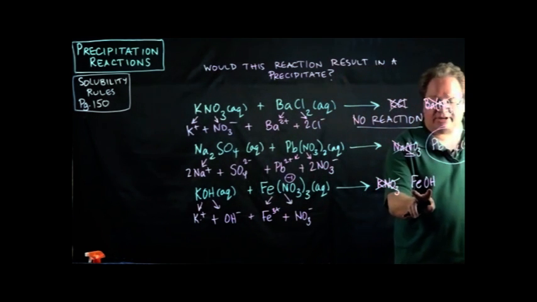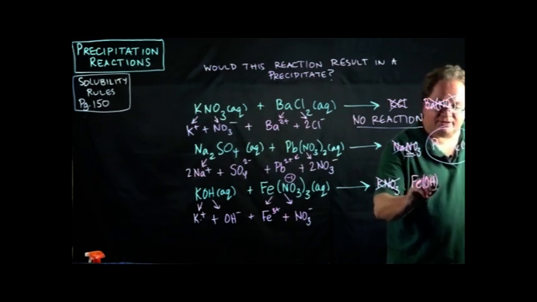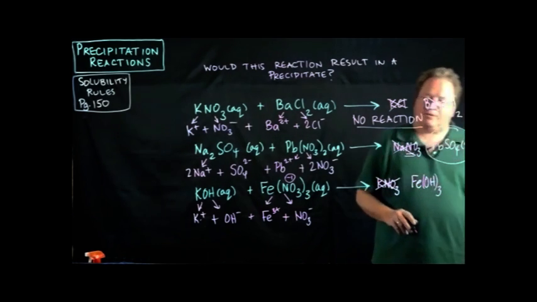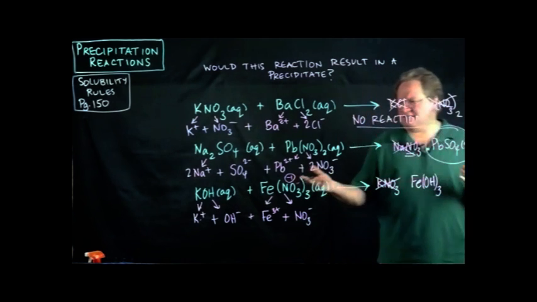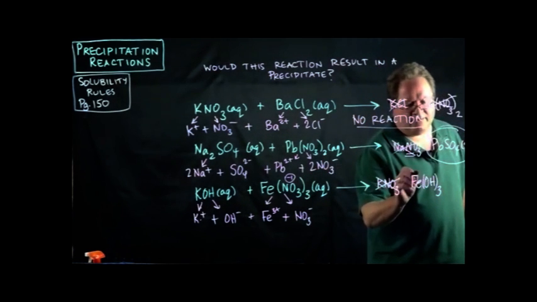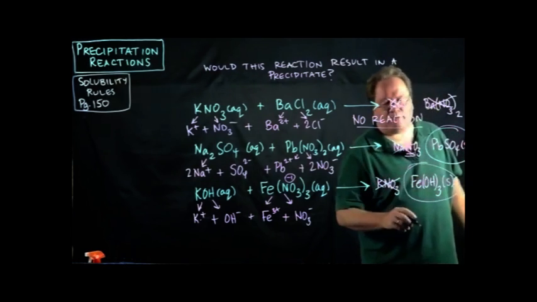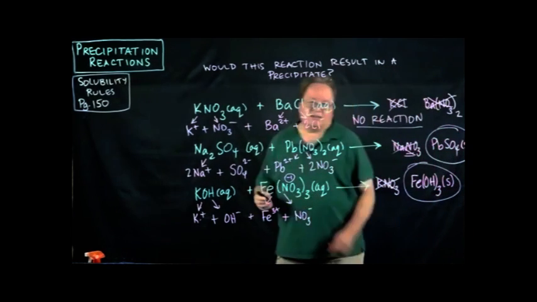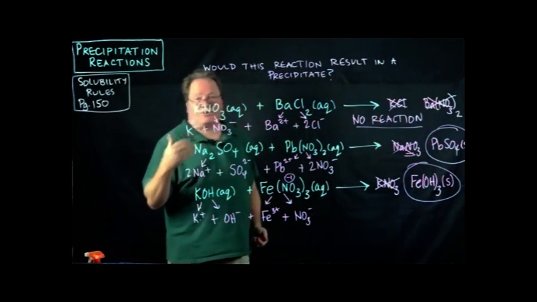A 1-to-1 ratio will not work. To balance out this +3 from the iron, I need 3 of these hydroxides. And what do we know about hydroxides? I think the rule was marginally soluble. So this would be a solid. We would say that would form a precipitate, which we would call iron(III) hydroxide.